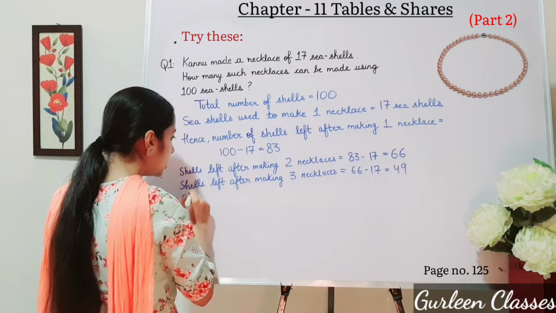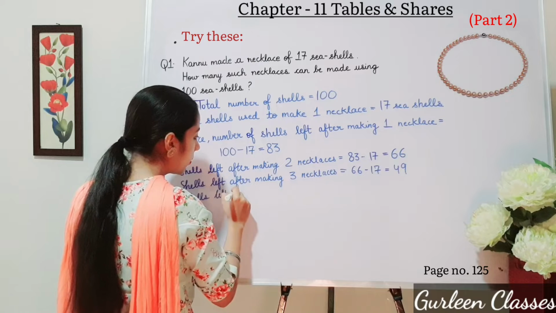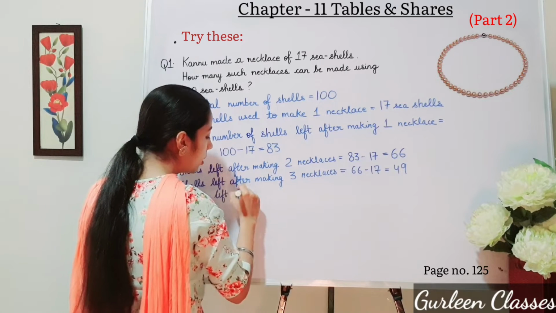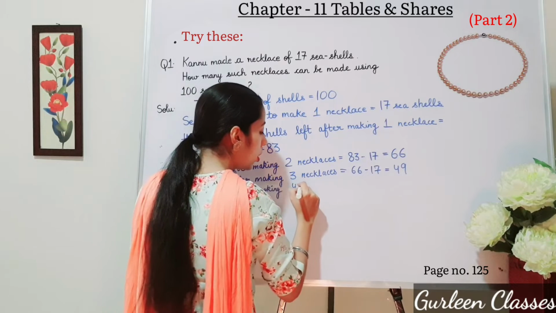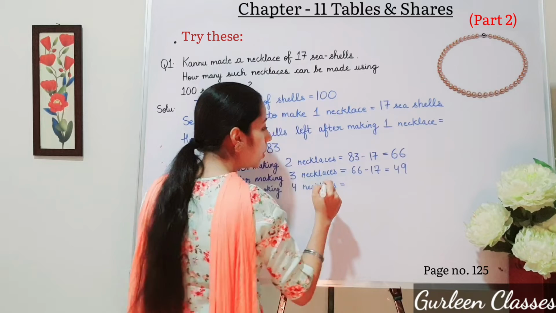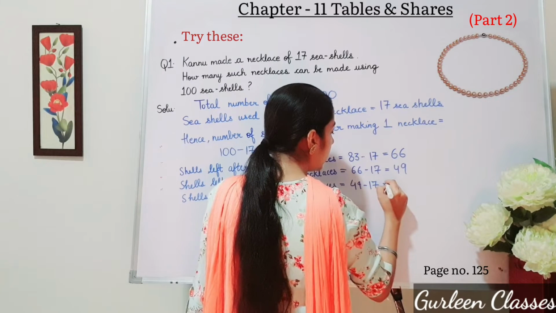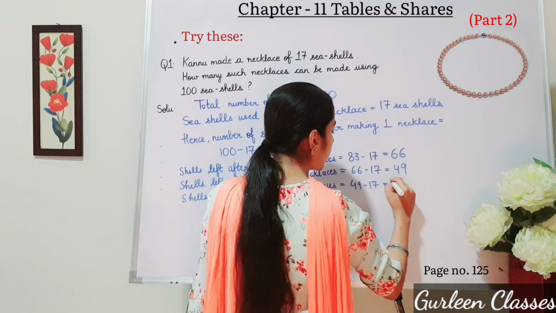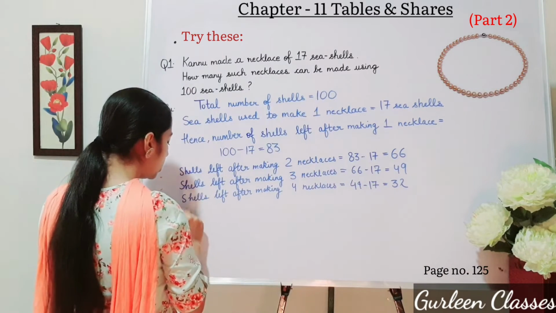Now write shells left after making four necklaces is equal to 49 minus 17. So subtract, it is 32.